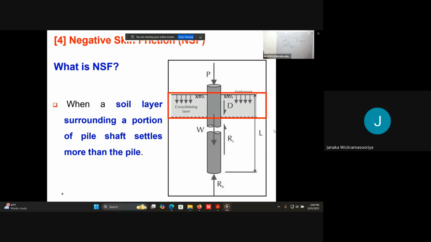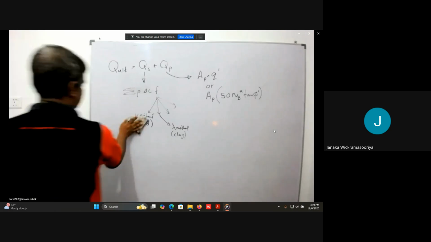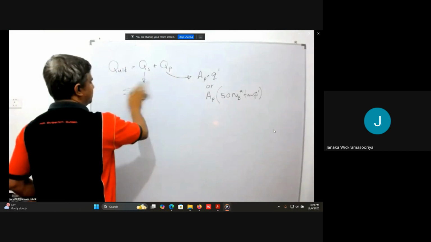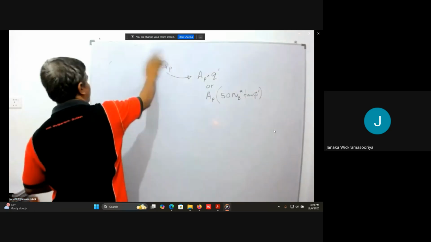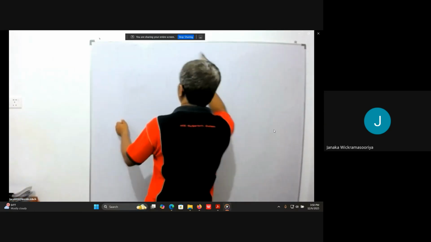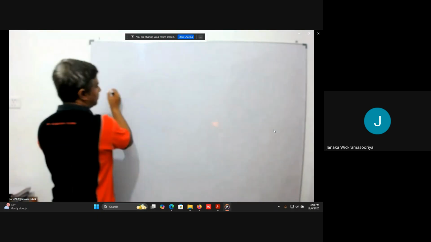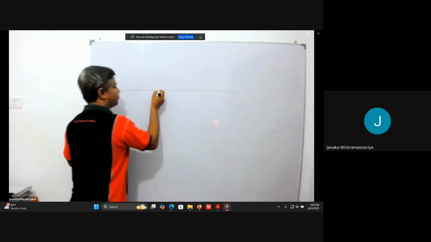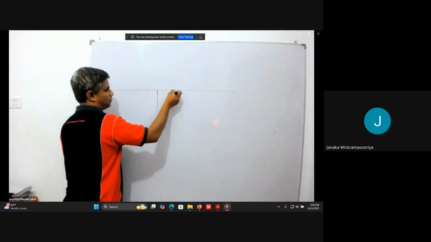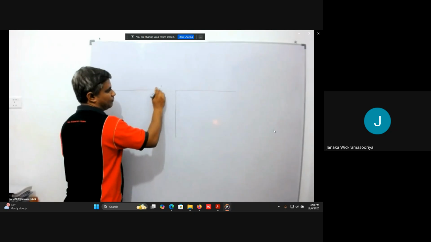This consolidating layer, as you can see, goes down more than the pile. We will use this particular video to show you how it moves. So this will be the pile.